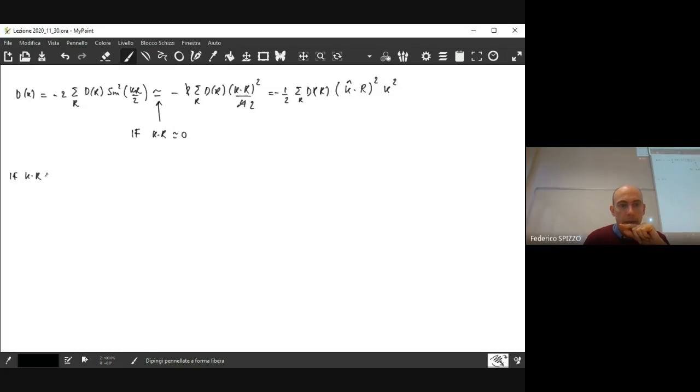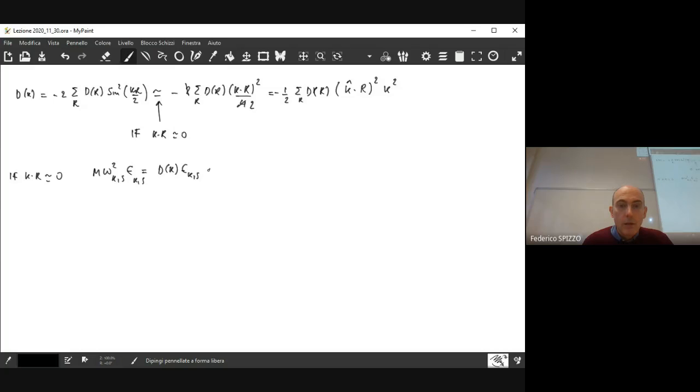if k times r is close to 0, what we have is that m omega squared of ks e of ks is equal to d of k e ks.